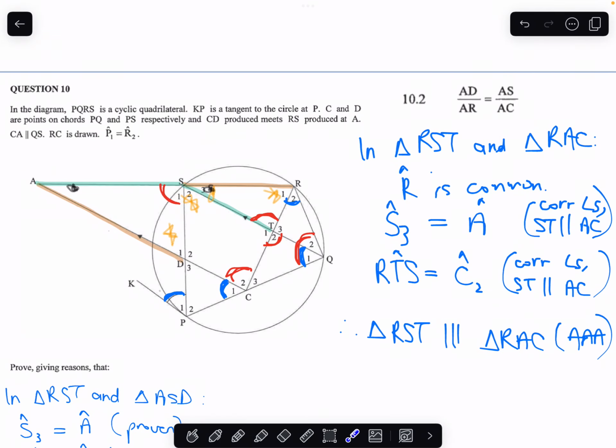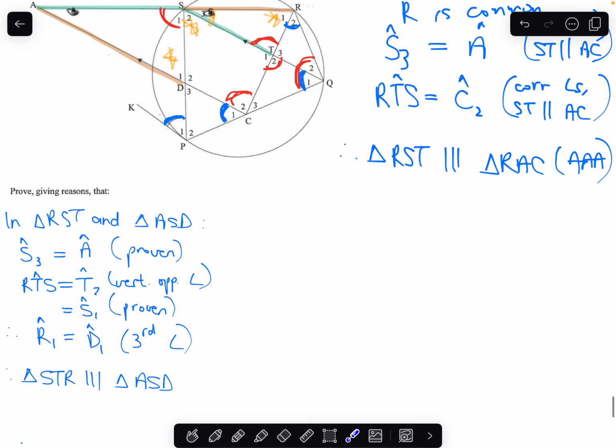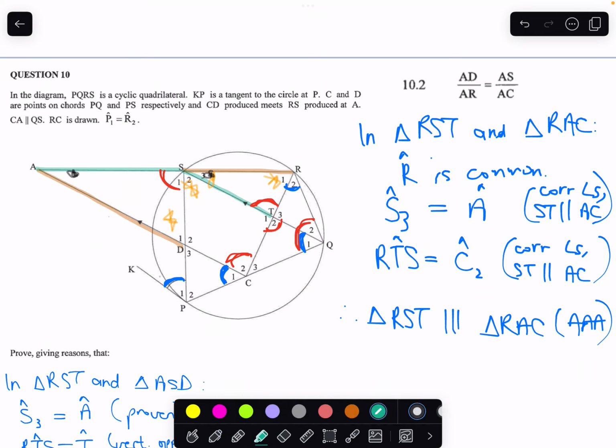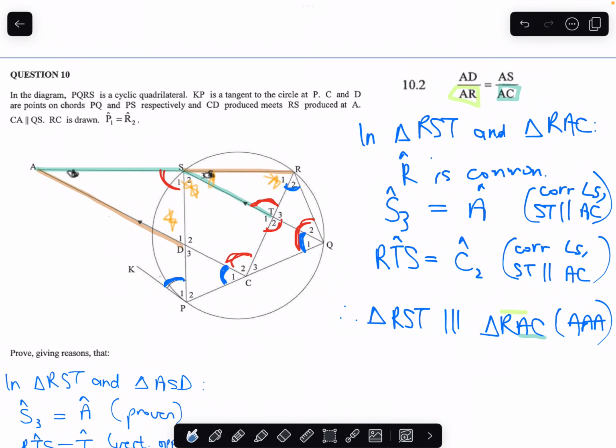AS is also going to come from the second triangle. And AC is going to come from this one. So I'm just going to underline the ones I want. So I want AC, and I want AR. Okay, so that's what I want from the first one.